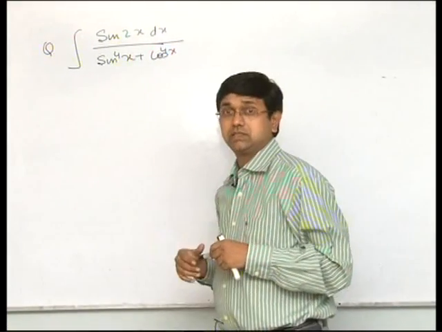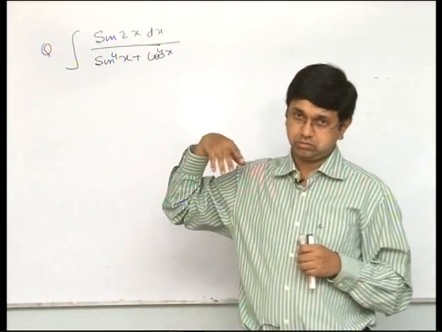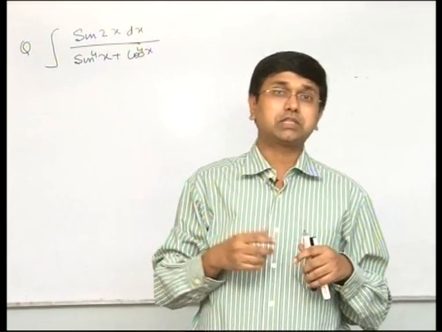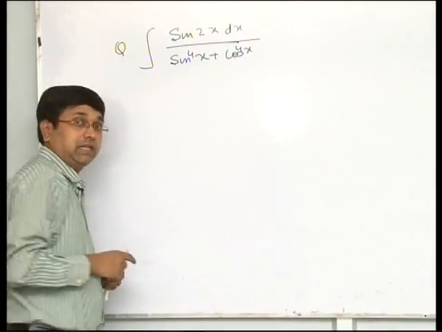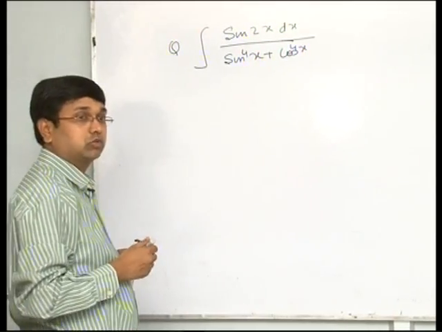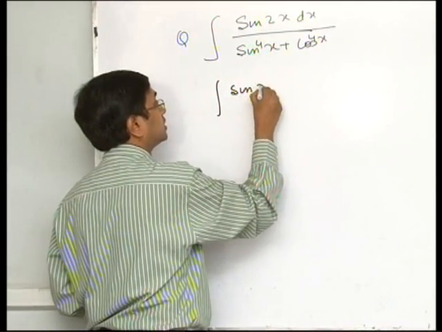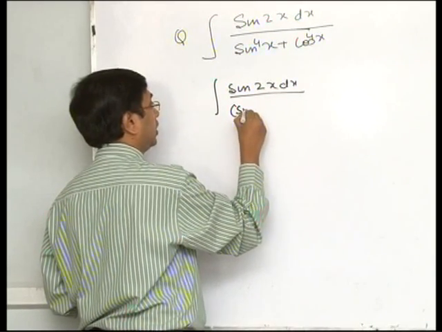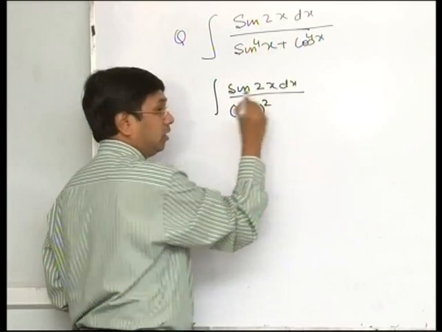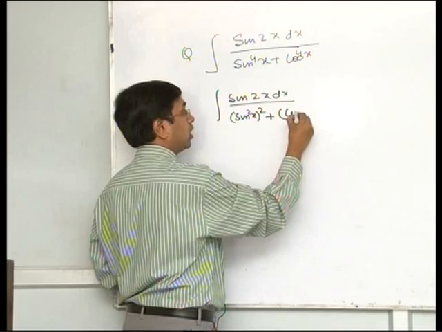This can be written as, and once you put cos x equal to t, obviously sin x goes. But in the past we have seen in integration that sin 2x is the derivative of sin square x as well as cos square x. So here, as one way, we can use sin 2x dx, and you can observe that we have a square of sin square x as well as cos square x.